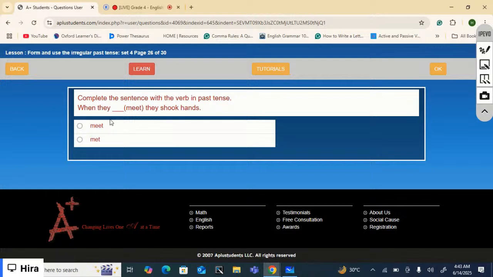When they blank, they shook hands. Meet or met?